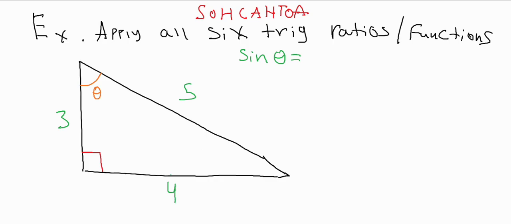Okay, so now sine of theta. We know that's opposite over hypotenuse, 4 over 5. Why? Opposite of theta is 4. Opposite of the 90-degree angle is 5. So 4 over 5 it is.